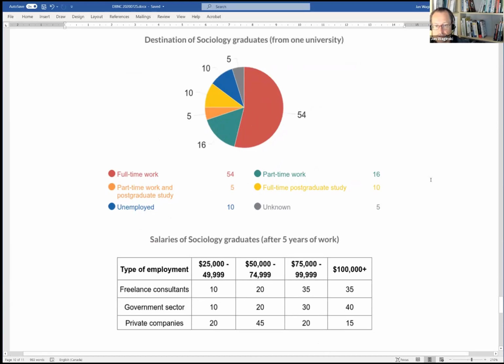So our pie chart shows the destination of sociology graduates from one university. So don't say from university, because this is one particular university. We don't know what it is. It doesn't matter. But this has to be reflected in how you describe the information. Okay, and then we've got our salaries at the bottom here.